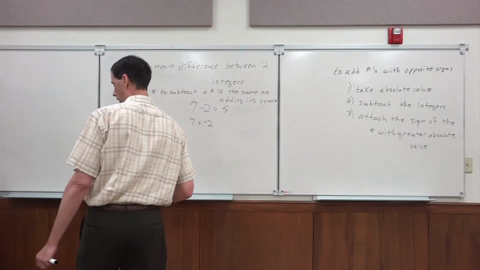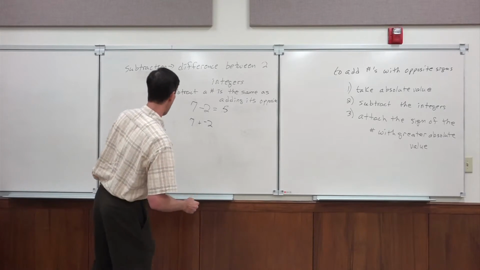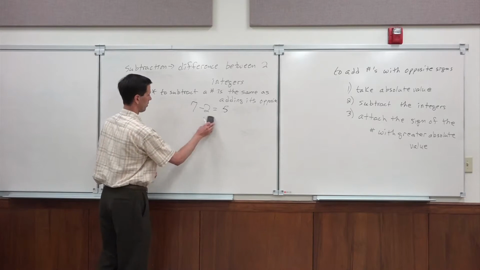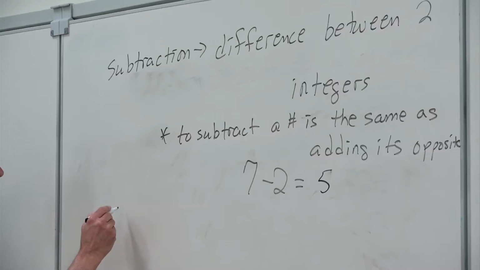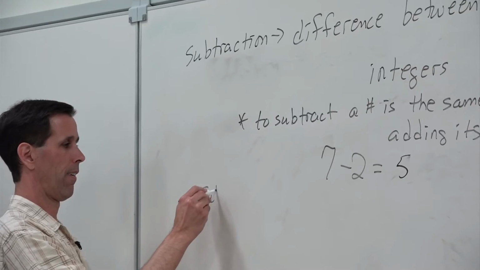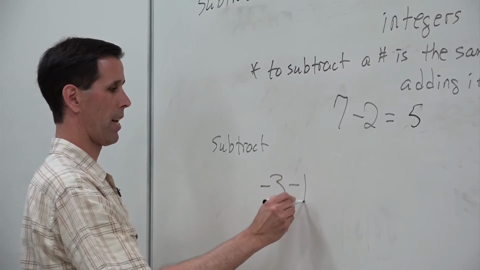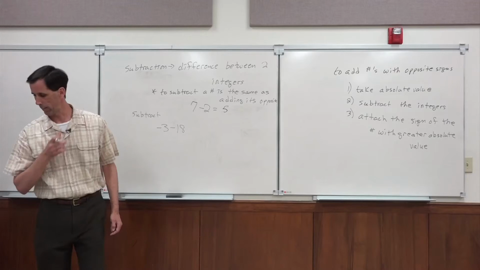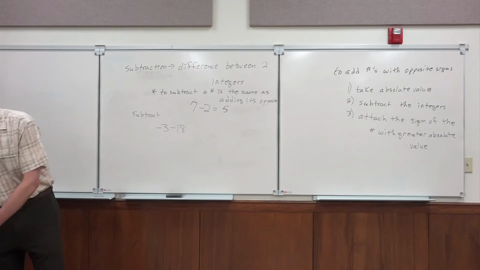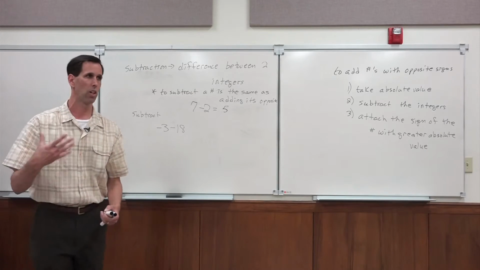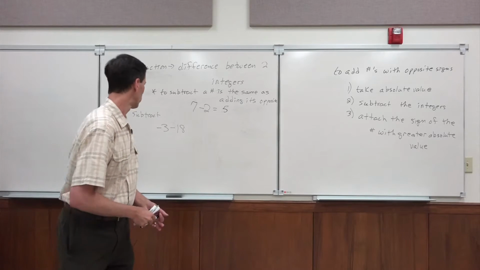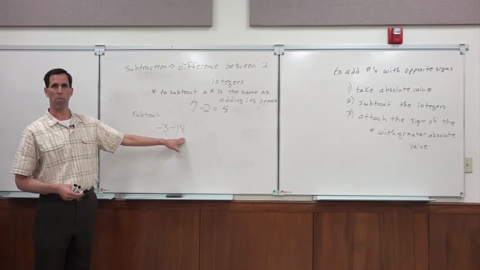But what if we had a little problem such as this? What if we were asked to subtract negative 3 minus 18? All right, that's not something we think of every day. If you think in terms of money, it looks like you owe somebody $3 right now, and then you went and you borrowed 18 more.